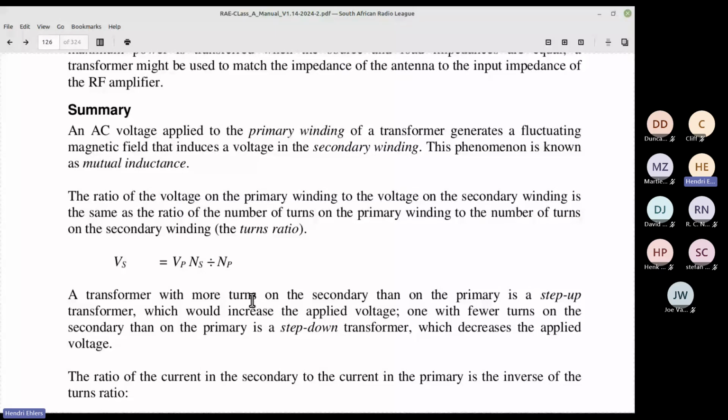So if you ever looked on the back of an amplifier or some electronic device, some of them have a rotary switch that you can turn to change the voltages. What that switch does is it either puts the windings in series or in parallel so that you use the right voltage that you get out of your mains.